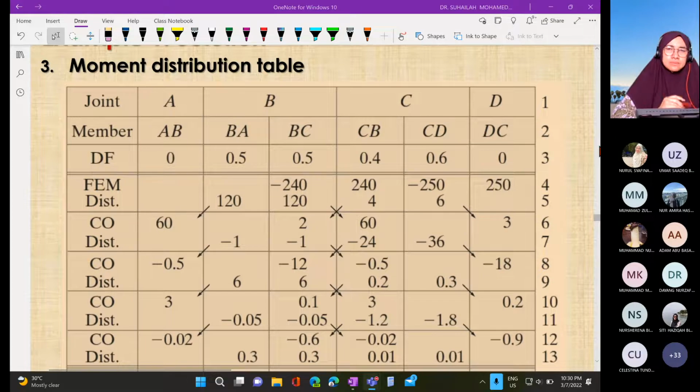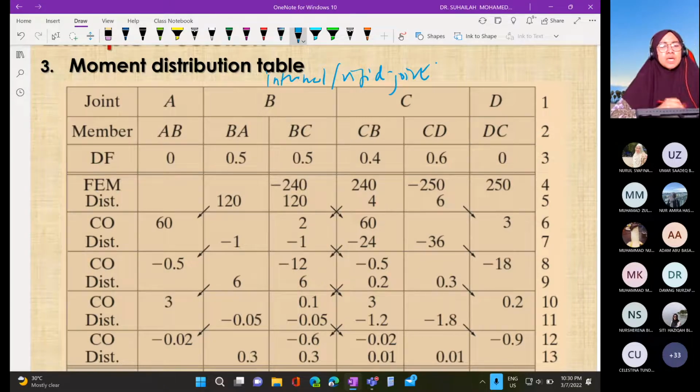And internal and rigid joint. Rigid joint ni untuk frame lah. Okay, internal and rigid joint, as well as pin dengan roller kalau dekat hujung, total must be 1. Sebab tu kat sini, total ni dapat 1.